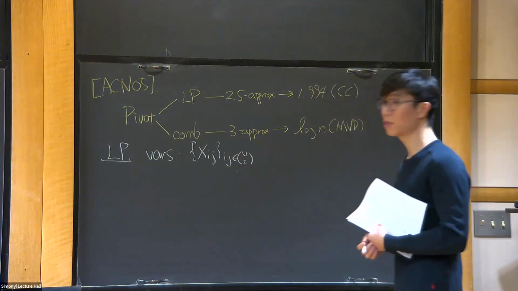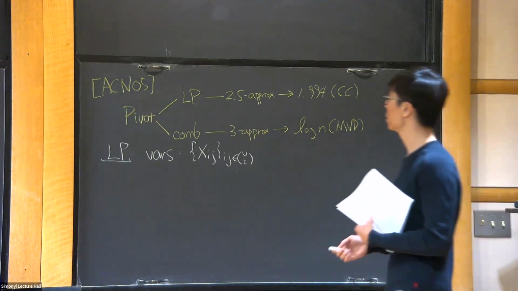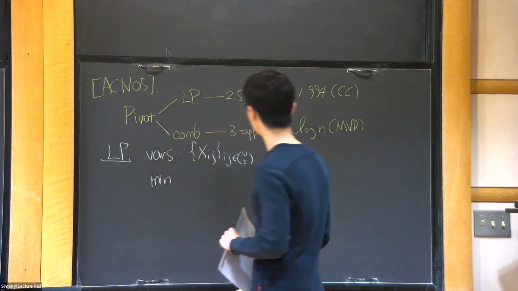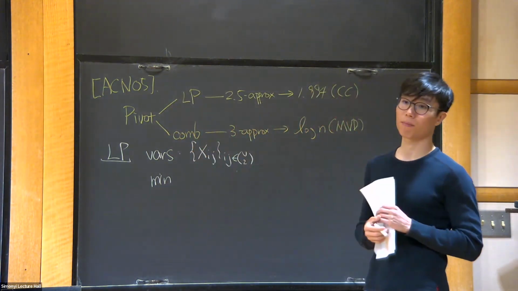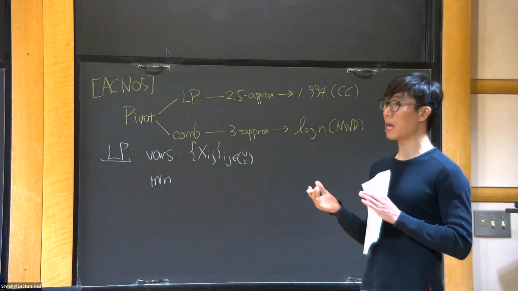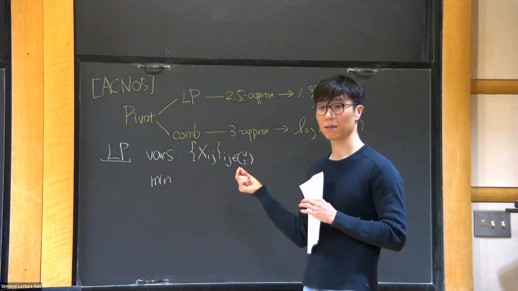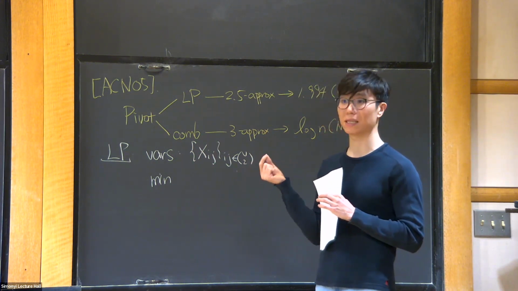With that interpretation, what's going to be the objective function? If you look at one edge ij, it depends on its label. If it is a plus edge, then I want x_ij to be 0.